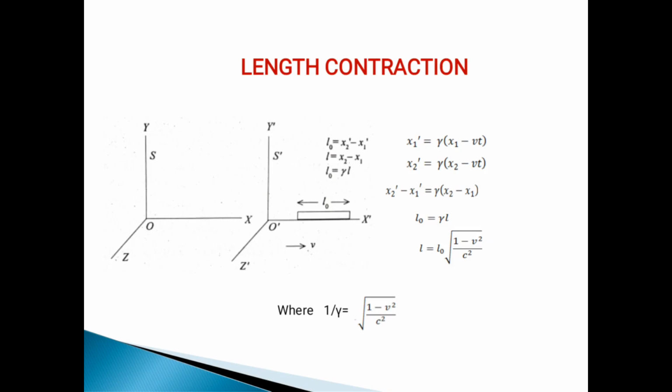The contraction becomes appreciable only when v is comparable to c. The contraction is reciprocal, that is, if two identical rods are at rest, one in S and the other in S prime, each of the observers finds the other's rod shorter than the rod of his own system.